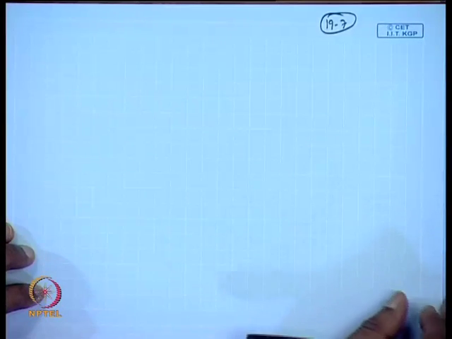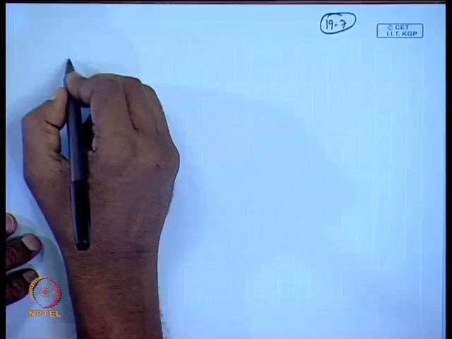Okay. So, we can take some example and show how L 4 and L 5 at least can be calculated. Say we have the earth moon system.